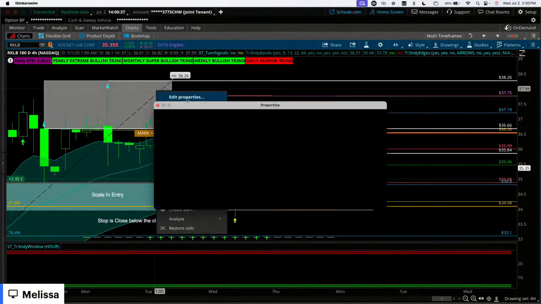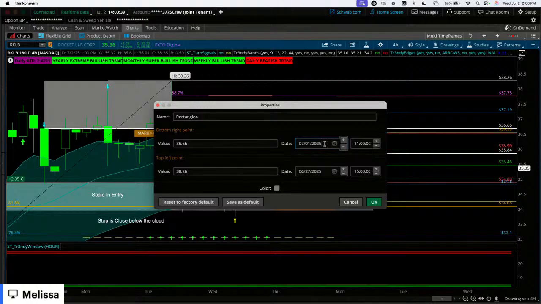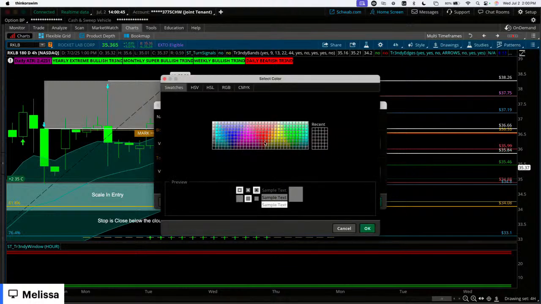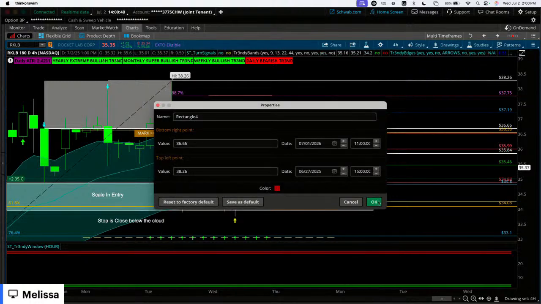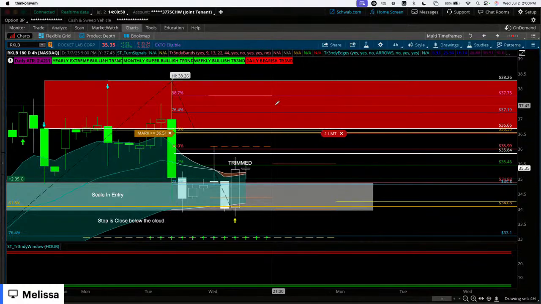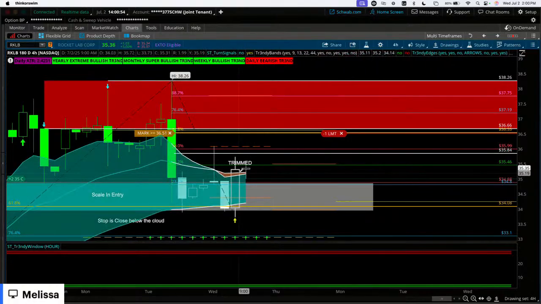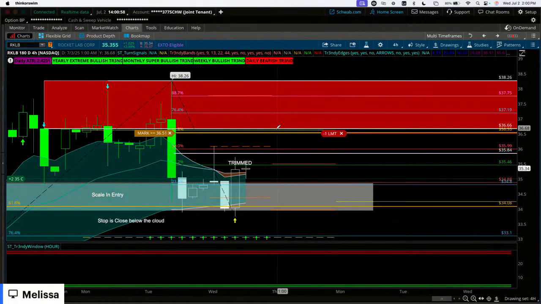So this zone right here is the ultimate target on the 4-hour chart for Rocket Lab. So if price makes it up to my final target, then I like to set a trailing stop and or stay in the trade as long as the EMA cloud price remains above it. Those are some ways that I stay in.